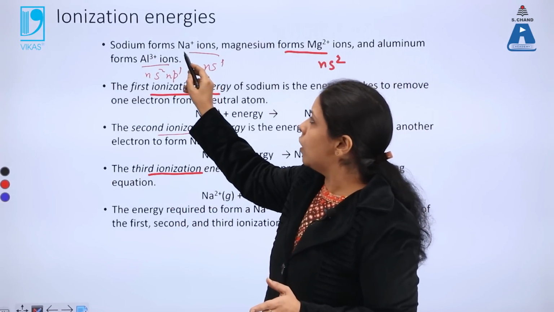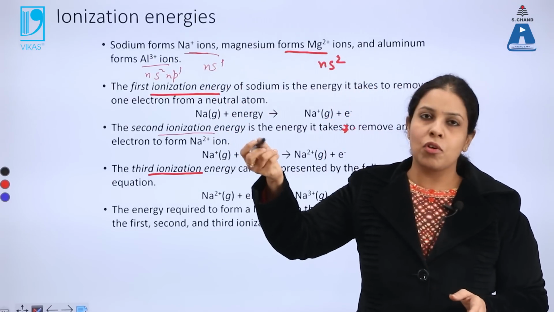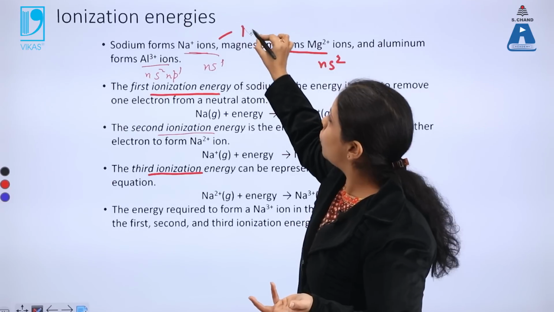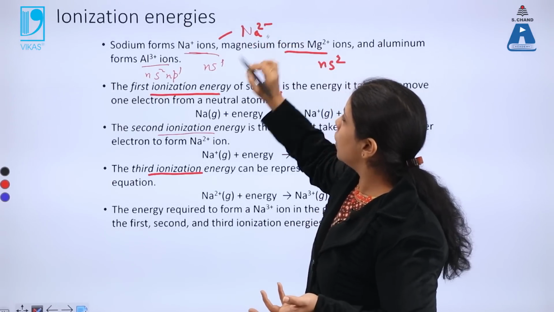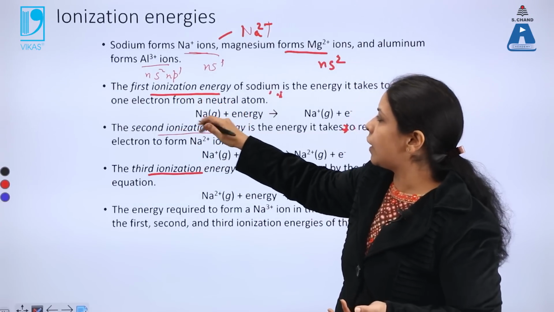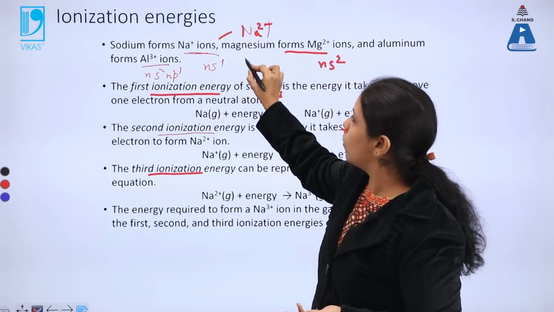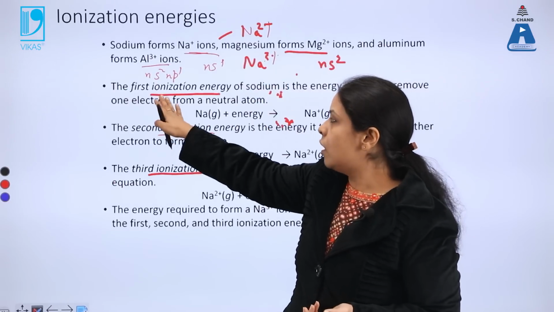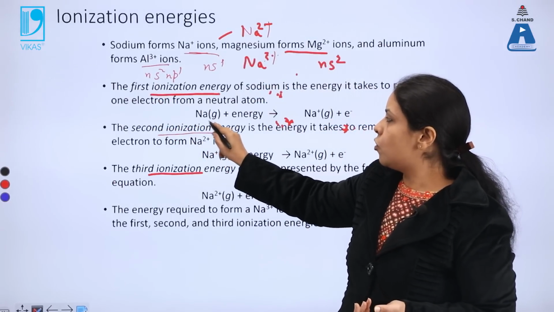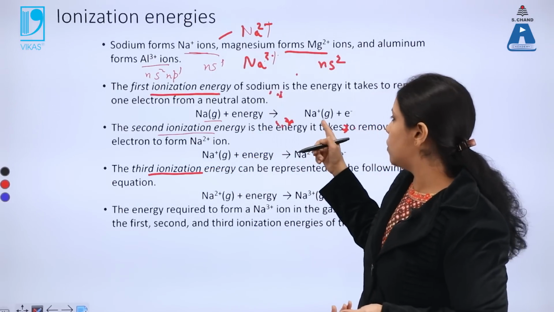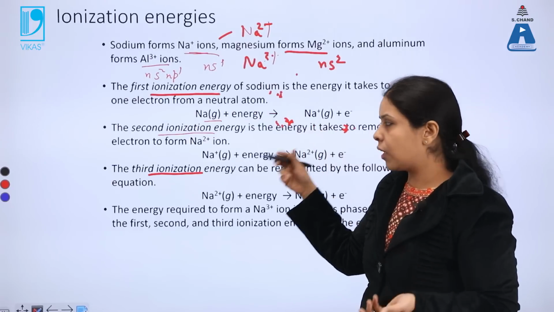We should know why only sodium plus ions are possible and we don't find any compound having the configuration Na2+. Why is it not possible? We can consider the ionization energy. Aluminium 3+ is possible, but sodium 2+ or sodium 3+ is not found in nature. What is the reason? First ionization energy: sodium in the gaseous state, we provide some energy, that is our ionization energy, and we get sodium ion, a cation.